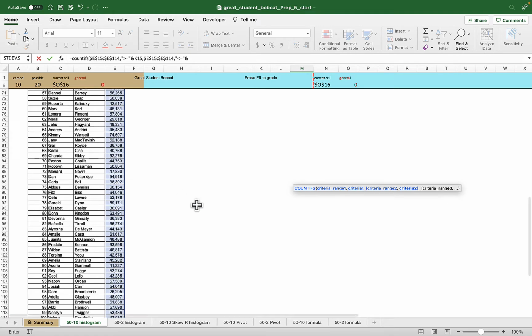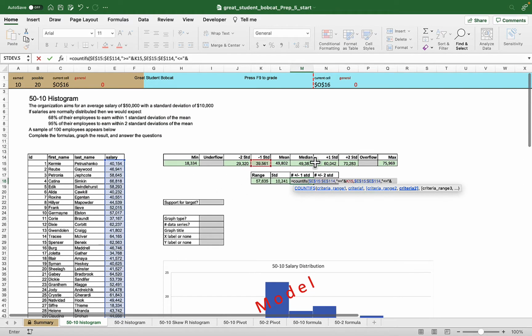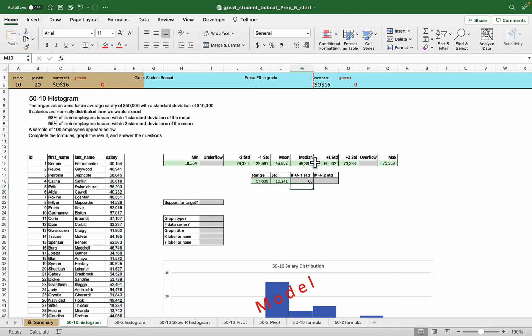And then we click on the upper value of the range, which is the plus 1 standard deviation. That should be everything. Close the quote, hit enter, grade it, and it looks like we're really spot on. 68 of the 100 employees were between -1 and +1, which is exactly what we expected because of the empirical rule.